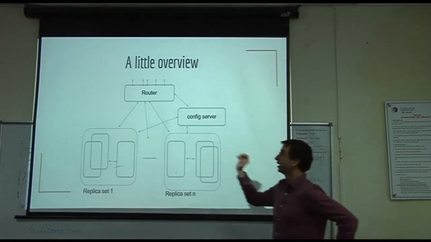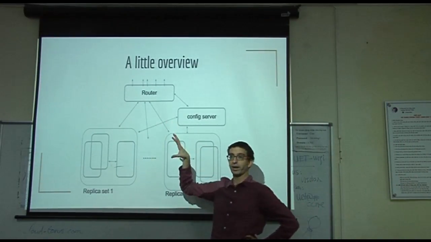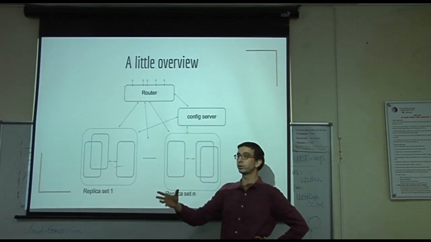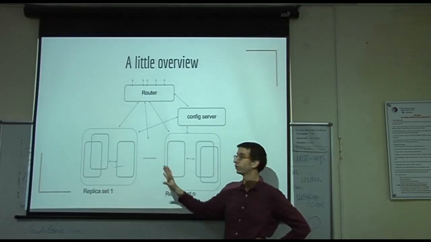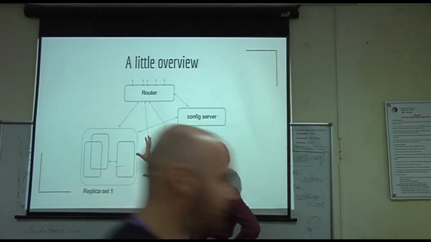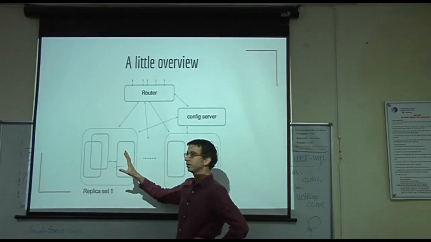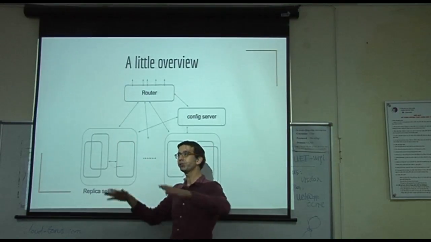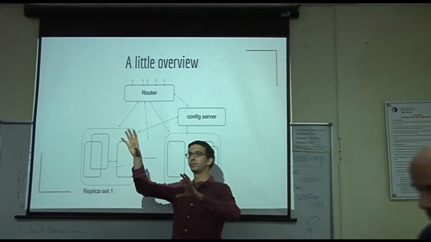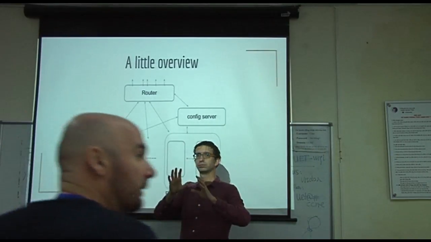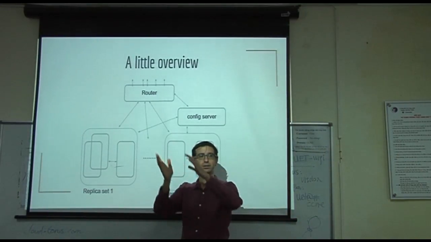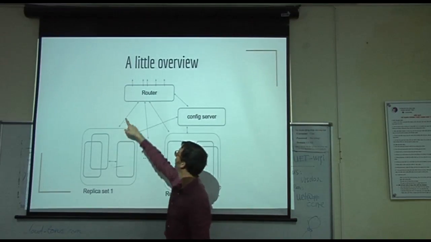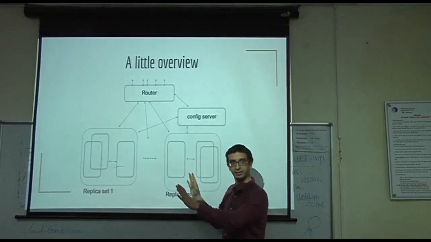So here I created on a single computer a sharded database. Okay, so there are 3 shards, 3 servers which will share the data. The data will be distributed across 3 servers. So here we have 3 sharding servers.